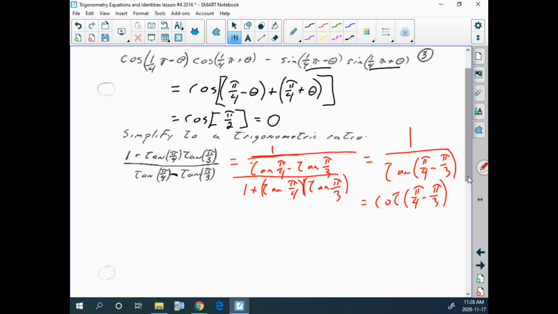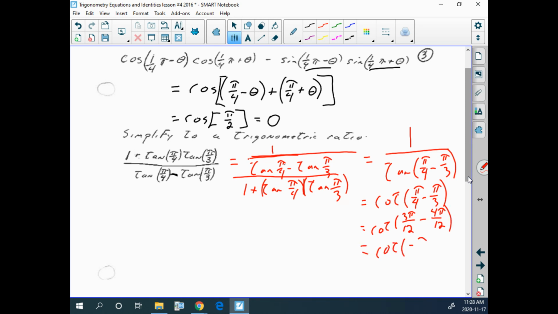Now, I want to tidy that up. I want to simplify that down to tangent of one angle. Well, I need a common denominator to do this. So this is 3 pi over 12 minus 4 pi over 12.